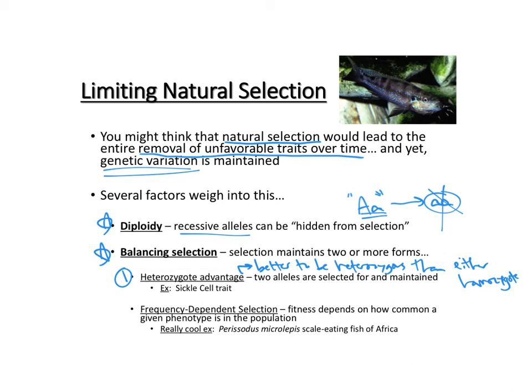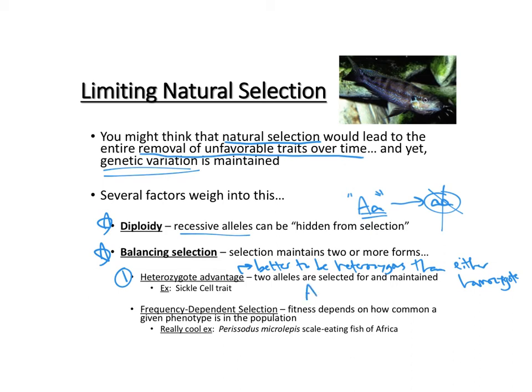And the best example of this that we can think of in humans is the sickle cell trait, right? Sickle cell anemia. So remember that if we look at a population, particularly in Africa, where malaria is common, right? Malaria can be a very lethal disease. Well, the sickle cell trait is a recessive trait, right? I'm going to use A's again here.